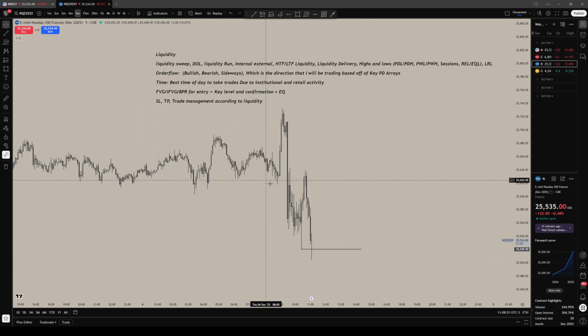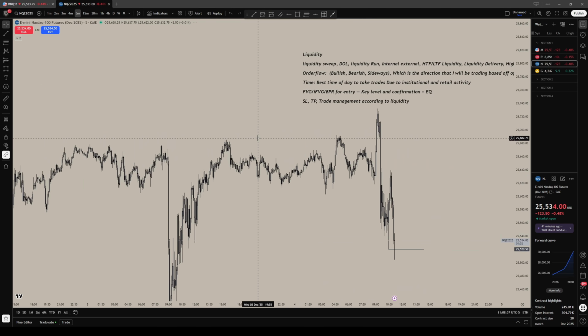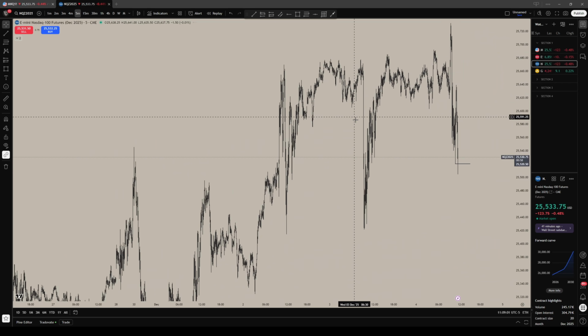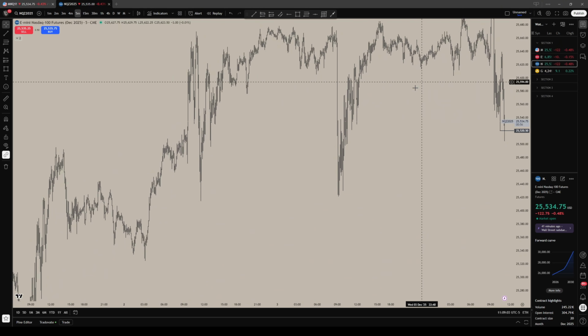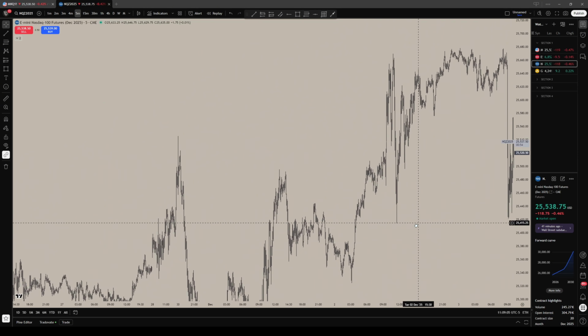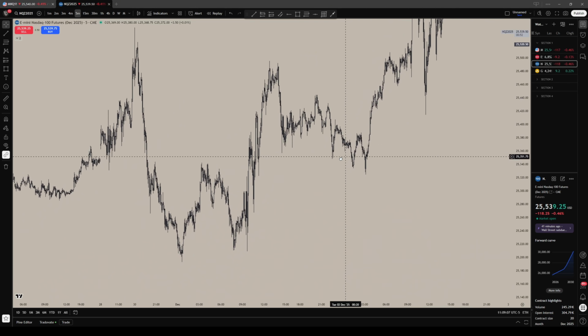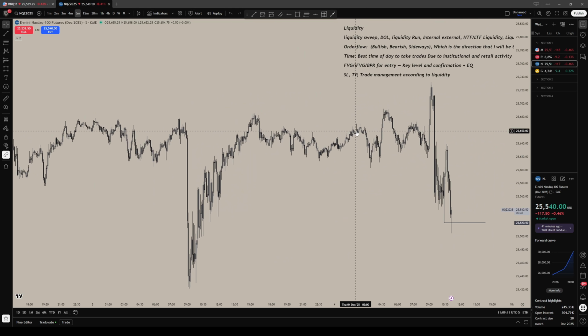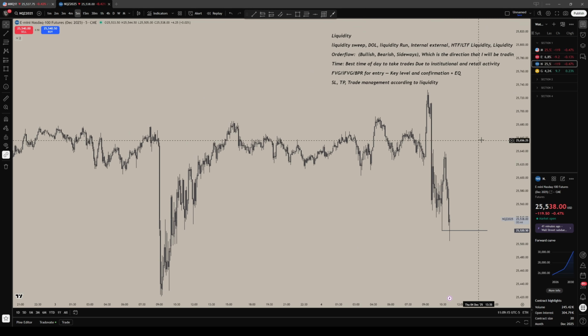Now there's liquidity everywhere here, although these are getting taken. Let's use a good example. I had one yesterday during London session.